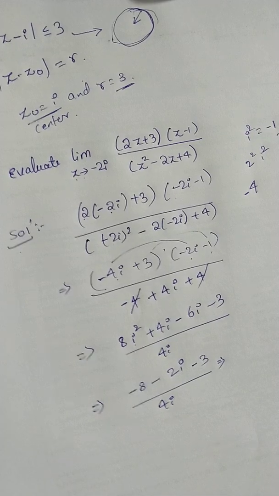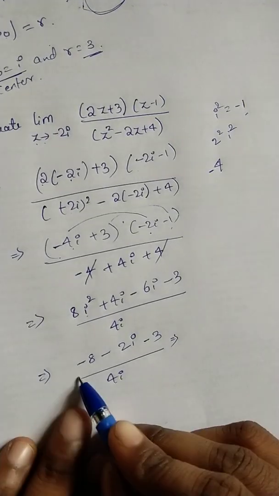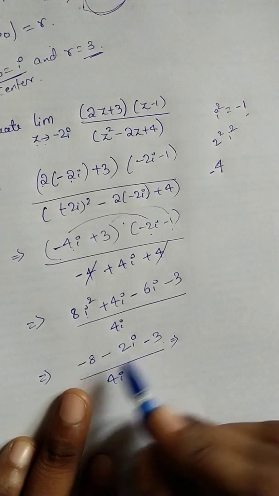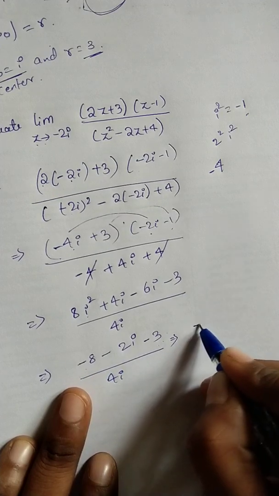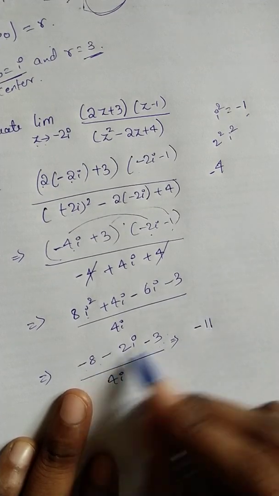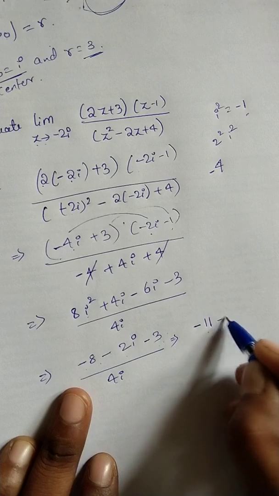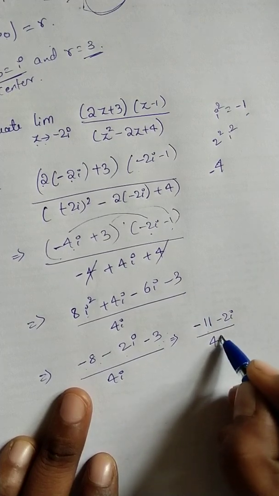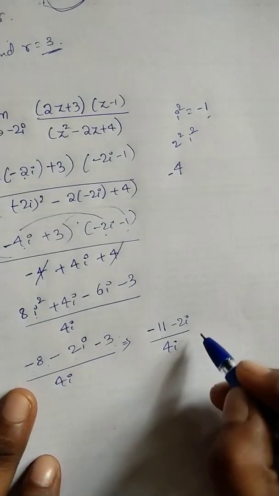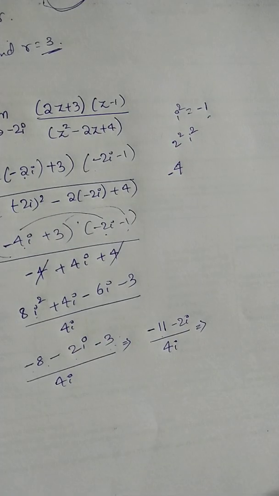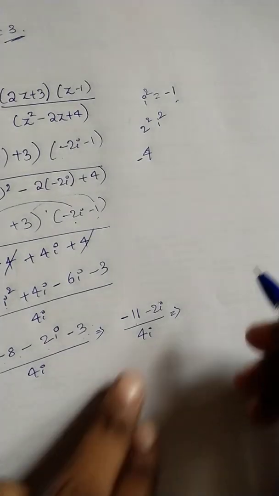Again minus into minus, when both are negative I have to put the minus sign as it is, so under 8 plus 3 it is 11, minus 11 minus 2I divided by 4I. Again we have to take the imaginary part separate and the real part separate.